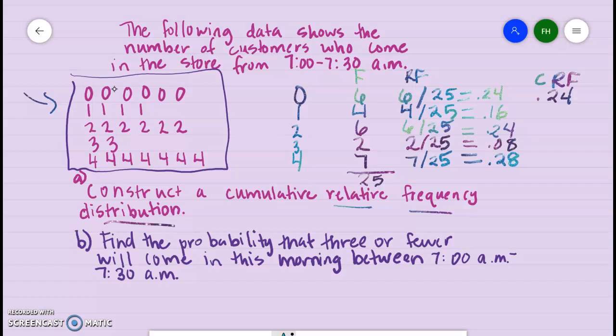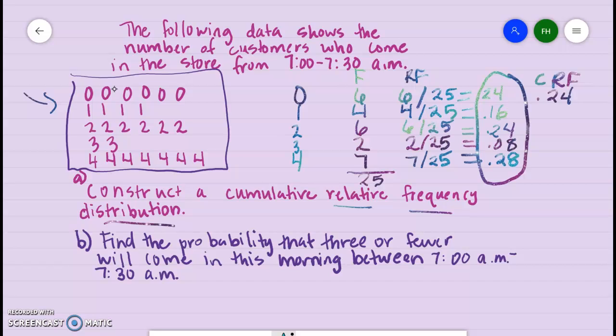Now, these values are basically like a probability, and they should add up to 1, your relative frequencies. If for some reason you had to round on your homework, it may have been 0.999, but it should not be over 1, and it should be very close to 1. Now let's get to what we were trying to find, the cumulative relative frequency.